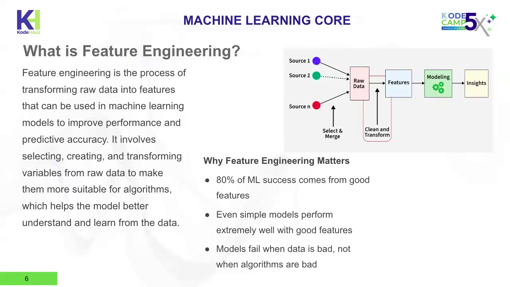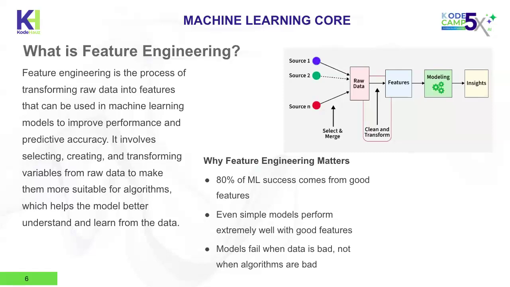It also involves selecting, creating, and transforming variables. And these variables are the variables that come from your training data, right? Like I said, the variables could be words or sentences or images or bitmaps. It could be numbers, whatever it is.